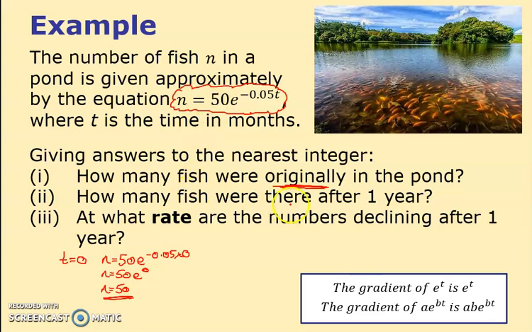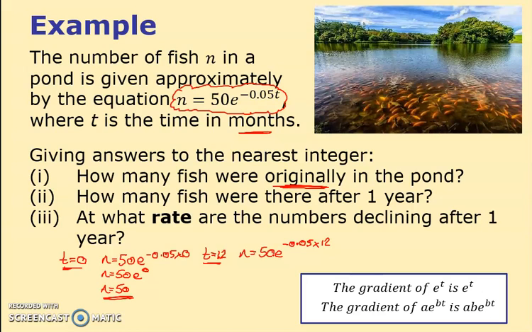How many fish were there after 1 year? Now, of course, this was in months. 1 year sounds like 12 months. So I just think I need to do this. So when t is 12, n is 50 e to the minus 0.05 times 12. So it's just a case of typing it in.